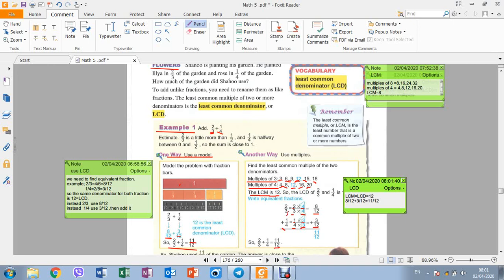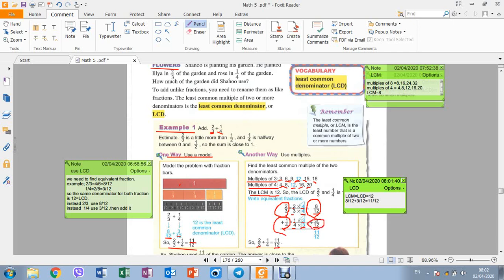So here I told them 2/3. Look, we change it. 2/3 equal to what? Equal to 8/12. So instead of 2/3, put down 8/12. And we have 1/4. Instead, 1/4 is equal to we use what? 3/12.